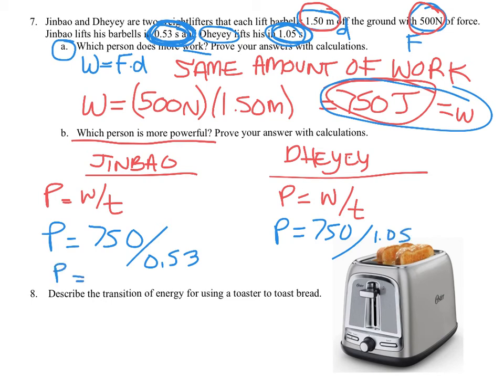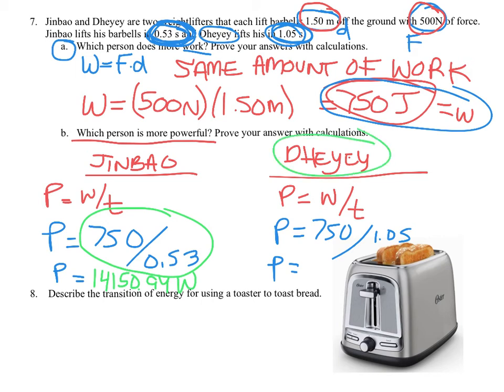So let's crank that out and see. First we're going to do Jinbao's, which is 750 divided by 0.53 seconds, and you end up getting about 14,150.94 watts. Remember that power is in watts.